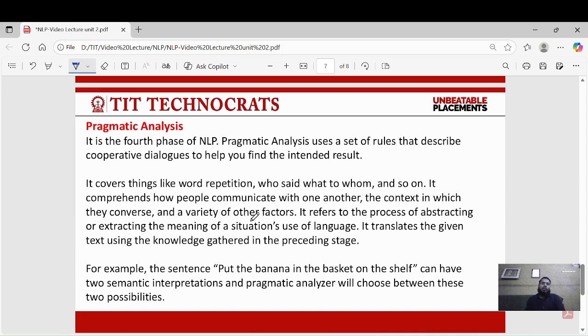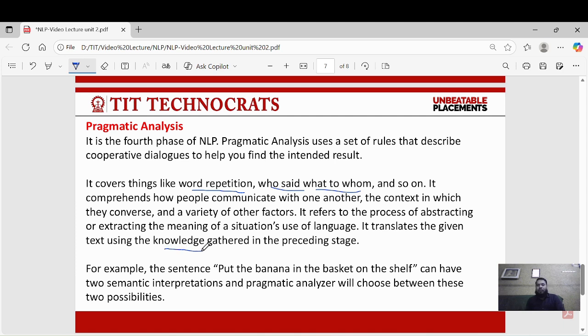Finally, it is the last phase and it is used to convert the previous result, covering things like word repetitions, who said what to whom, and so on, in which they convey a variety of other factors. The process of extracting meaning and situational use of language basically translates the given text using the knowledge gathered in the previous states.